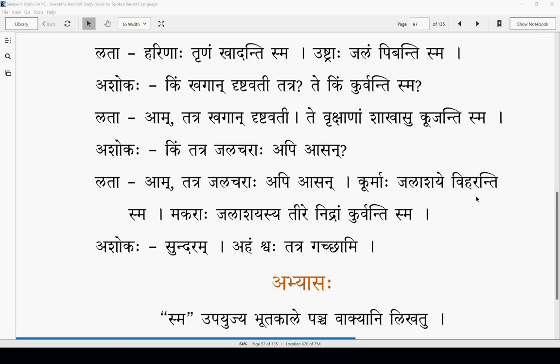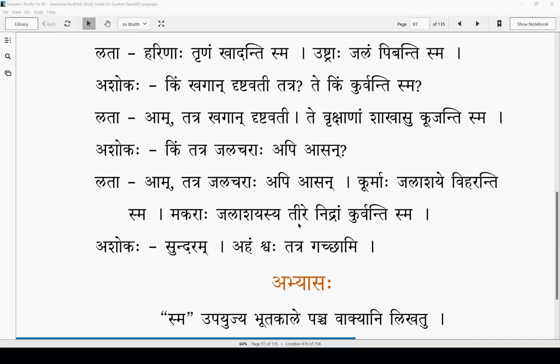Kūrmāḥ jalāśaye viharanti. Kurma means kacchapaḥ, the turtle. Jalāśaye viharanti sma, then makarāḥ, crocodiles. Jalāśayasya tīre. Jalāśaya means pond, water pond, or water body.